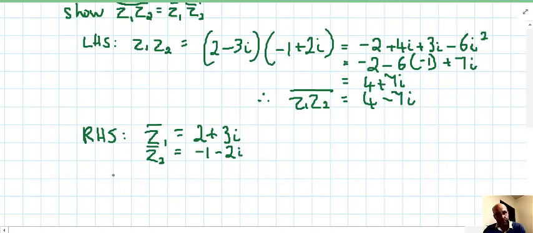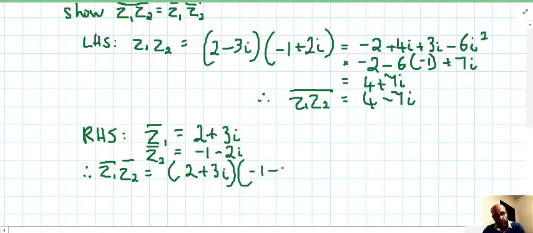Now we need to multiply those together. So therefore (2 plus 3i)(-1 minus 2i).